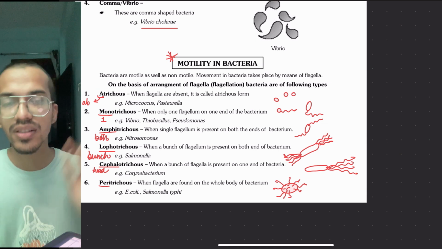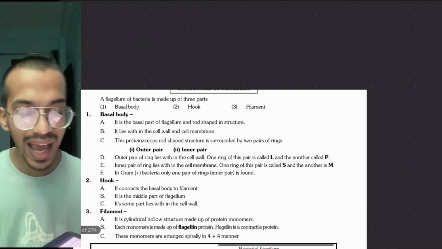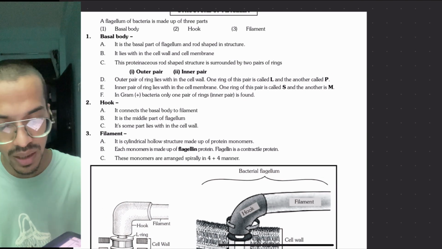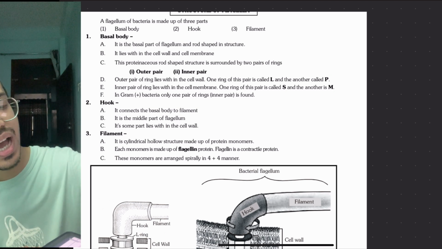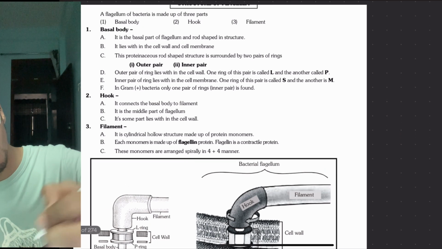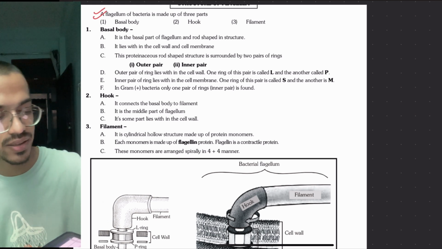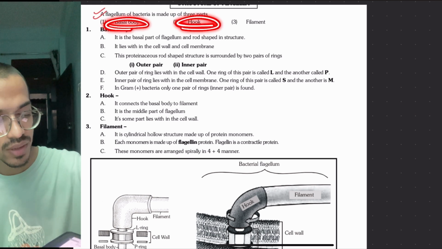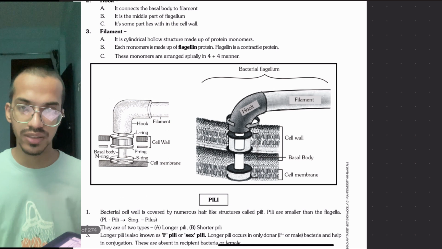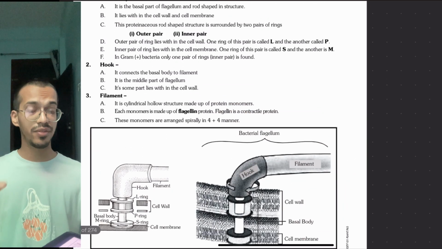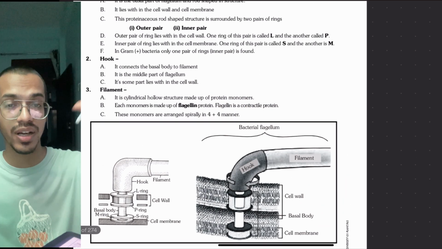Moving on, this flagellum which we are talking about has a structure. First of all, remember that the flagellum has three parts. What are those three parts? We have the basal body, hook and filament. If we see over here, this is telling us about all of this. Because in the diagram when I was making it, I told you there are certain structures coming out from the body.